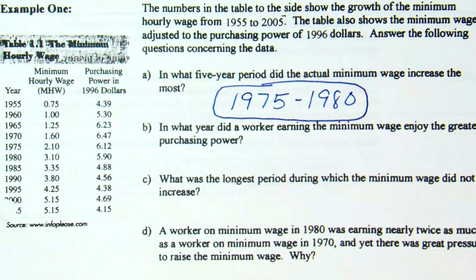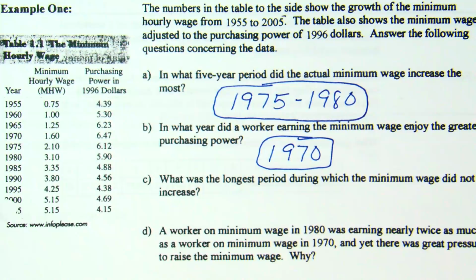Okay? In what year did a worker earning the minimum wage enjoy the greatest purchasing power? So as we check over here on the right, highest purchasing power happened in 1970. And I'm not the econ teacher or anything, but are you getting the idea of what it's meaning by purchasing power? Okay, so in easy terms, which is all I can really do with it, how much can a dollar buy you?